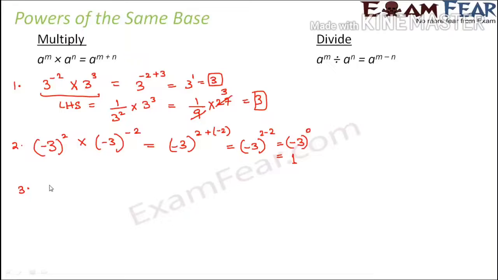One more example: 3 to the power minus 2 multiplied by 3 to the power minus 4. Here both the powers are negative, but the logic still remains the same. It would be minus 2 plus minus 4, which is minus 6. So 3 to the power minus 6 would be the answer.